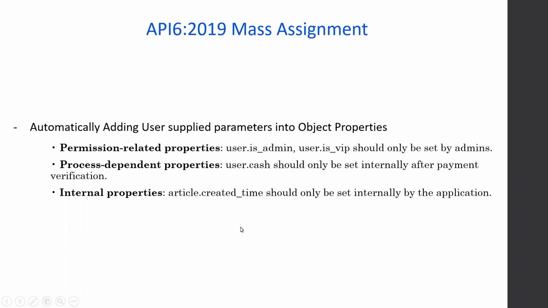There are other properties as well, like permission related properties, process dependent properties, and internal properties, which will allow an attacker to tamper with internal parameters such as created time, modified time, etc.